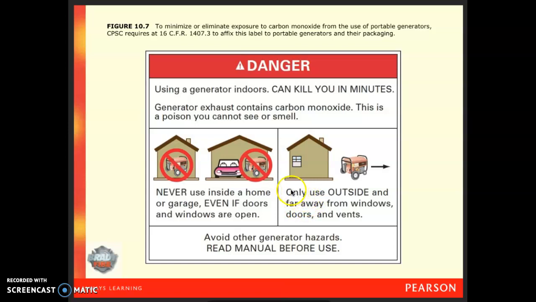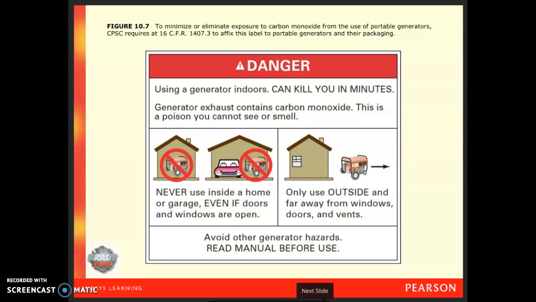If you're not careful about where you use it, it can actually start to leak carbon monoxide into the area, which is why you're supposed to keep your generator a minimum of 5 feet away from anything flammable and a minimum of 3 feet away from any walls or any other kinds of obstructions, not just because of the heat generated, but because of the carbon monoxide and other things. You want to make sure that it's properly ventilated out.